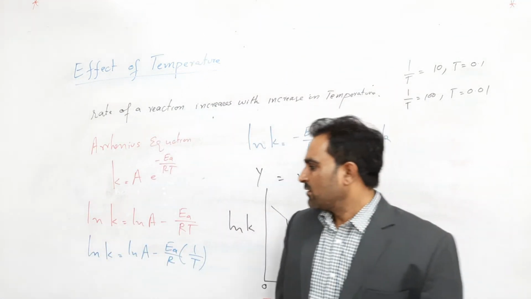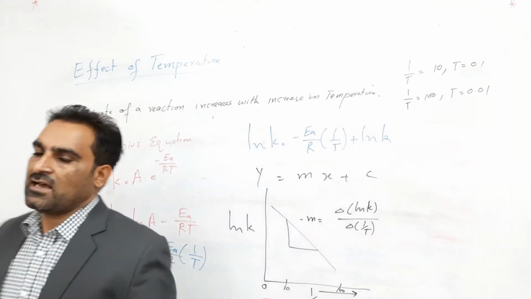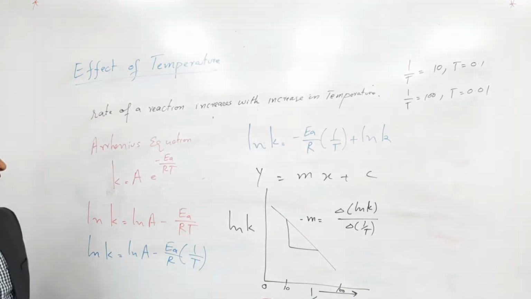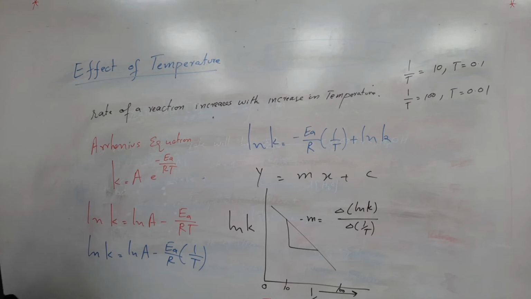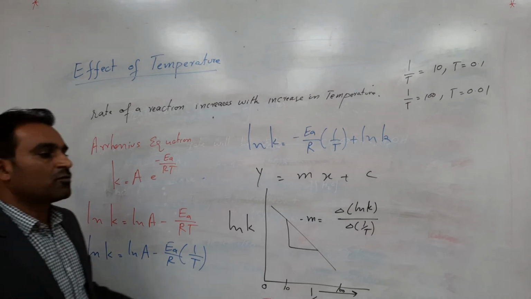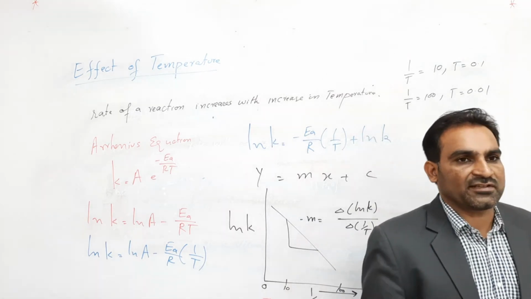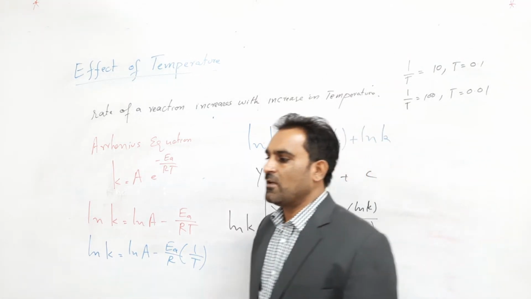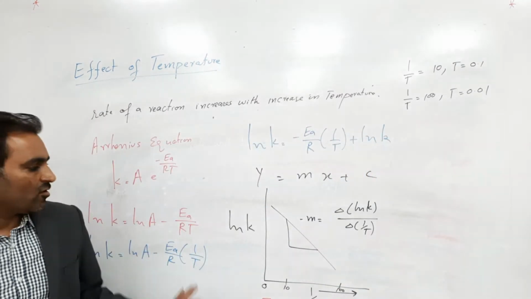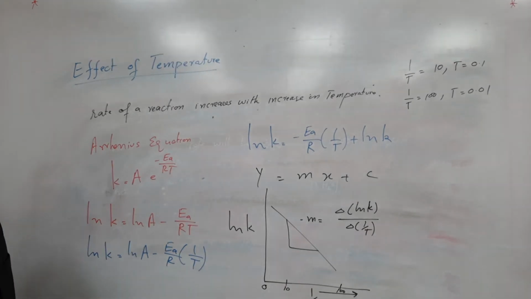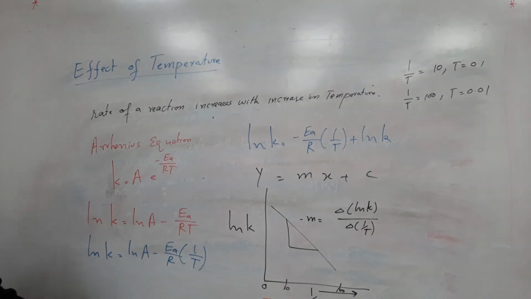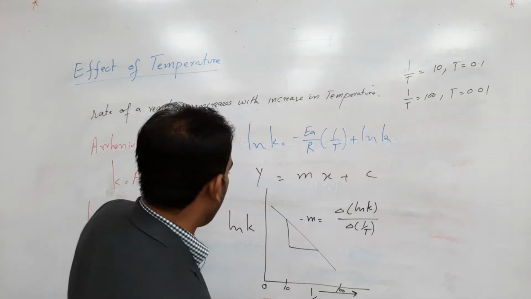One more thing, this equation can also be used to find the activation energy. If you have two different rates of reaction at two different temperatures, then using this concept you will be able to find the activation energy of a reaction. How?